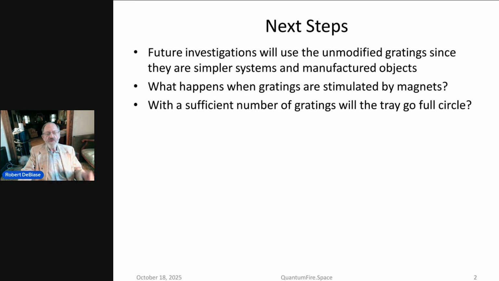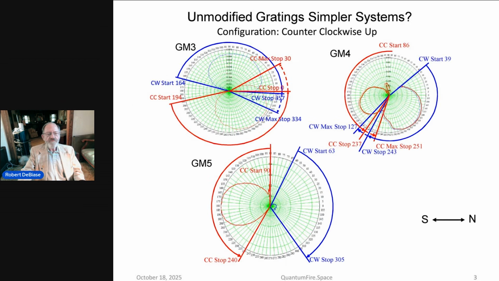And what happens when they're stimulated by magnets and with sufficient number of gratings, will they go full circle? All right, so this is the unmodified gratings. All right, is it a simpler system? Okay, so what do I have here?